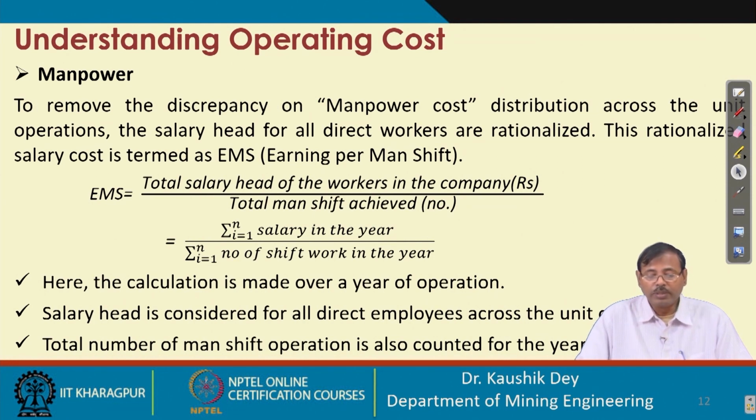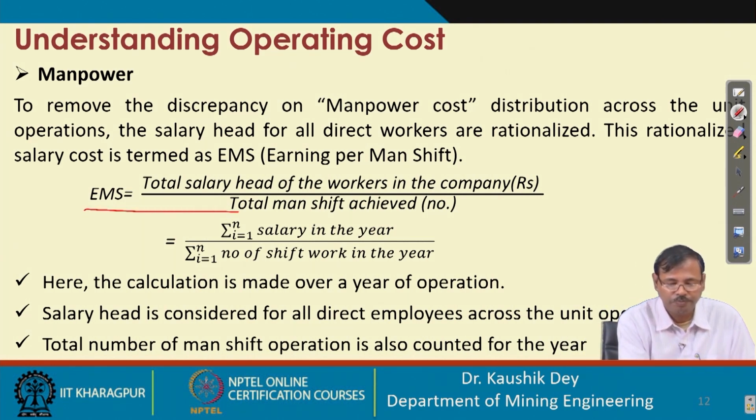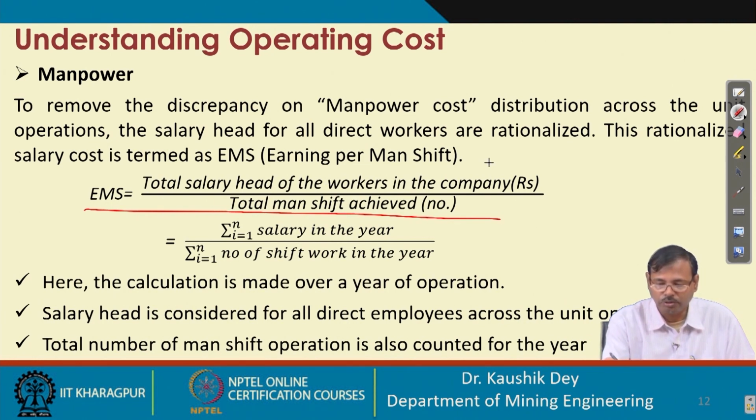So, this earning per man shift is calculated using this formula, where the total salary head of the workers in the company, that is the direct employment, those operators, assistant operators, helpers, those who are directly engaged with those particular unit operations, are considered here, and the total man shift which is achieved.